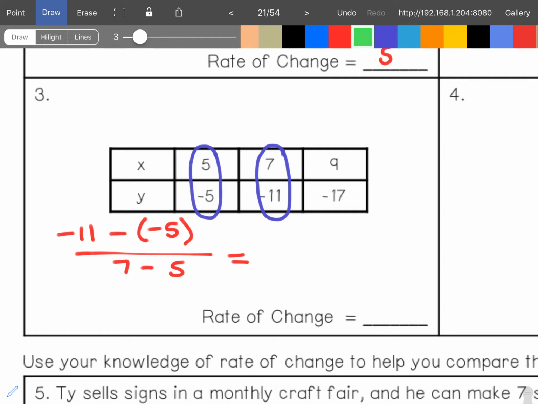If you're not, think about this as keep, change, change. So we have to do that extra little step. So a negative 11 plus 5 is going to be negative 6. And 7 minus 5 is 2. Negative 6 divided by 2 is negative 3. So my rate of change is negative 3, or you could write negative 3 over 1.